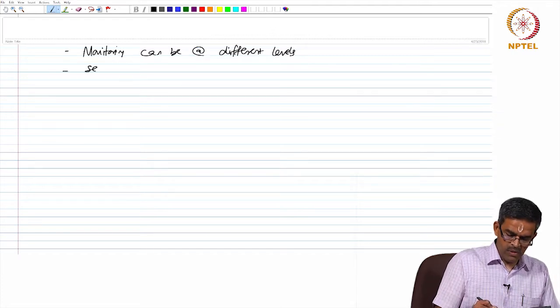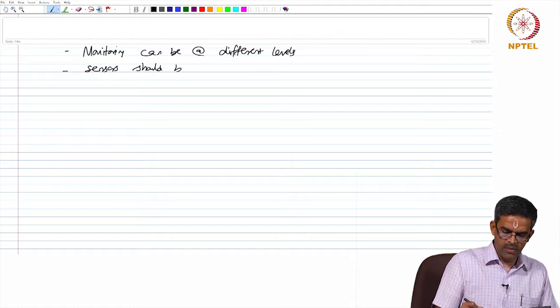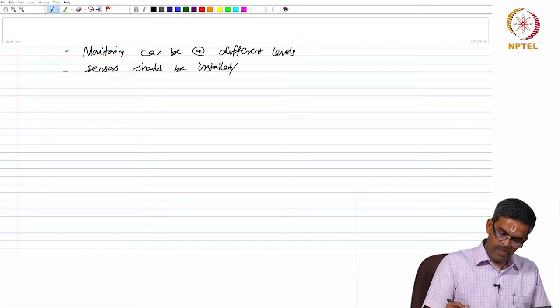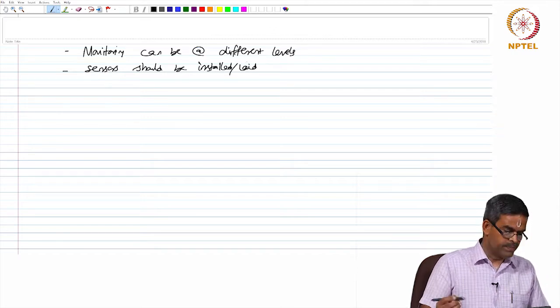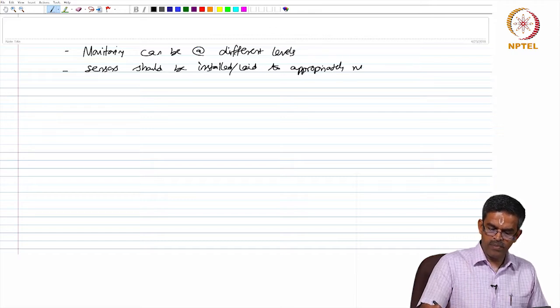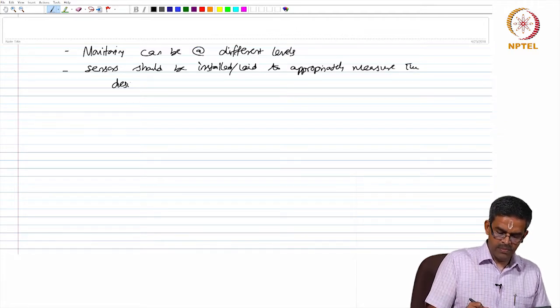Therefore, sensors should be laid, should be installed or laid to appropriately measure the desired parameters at various levels of monitoring.